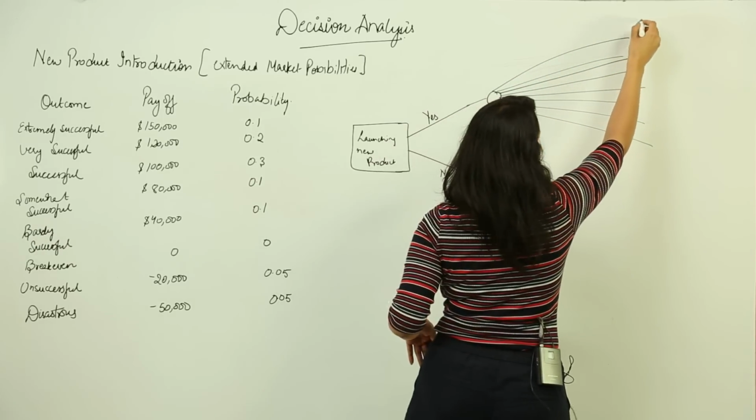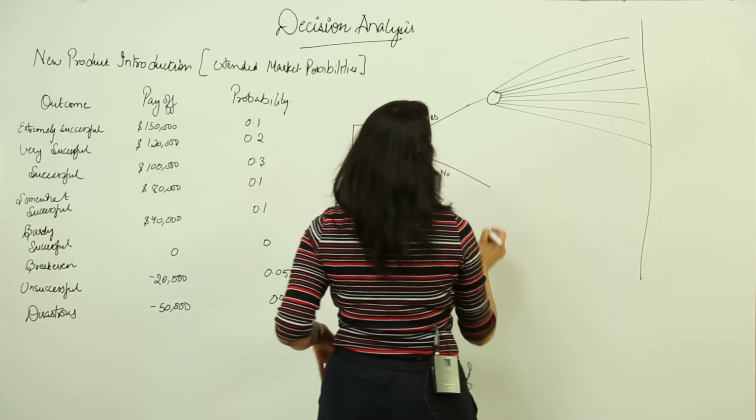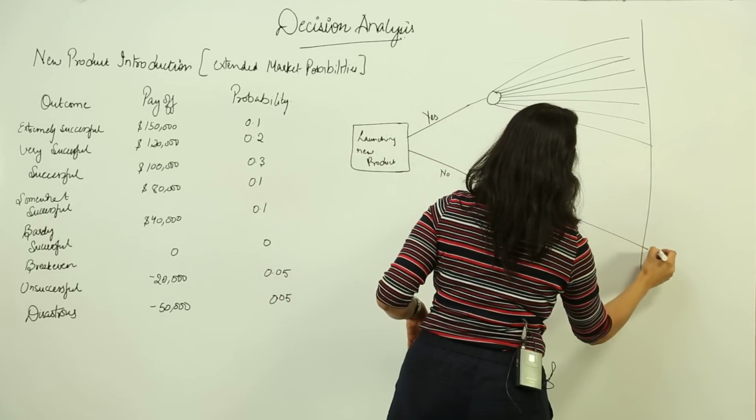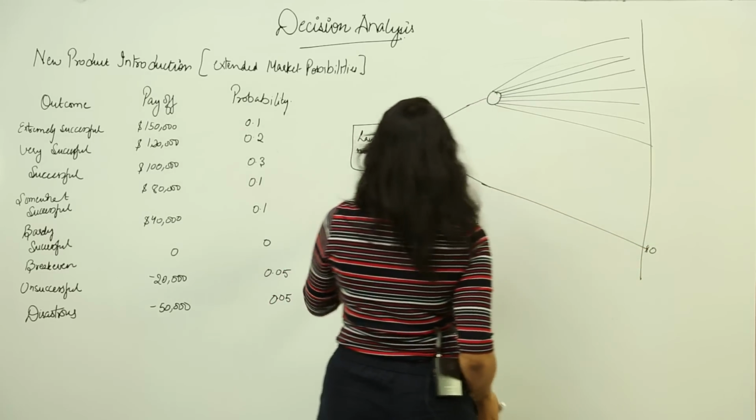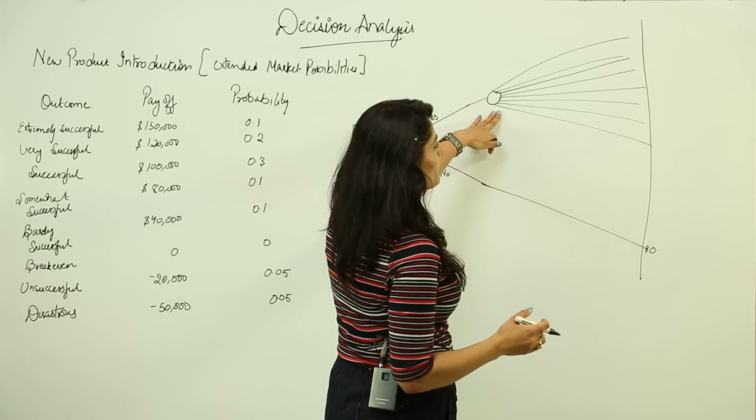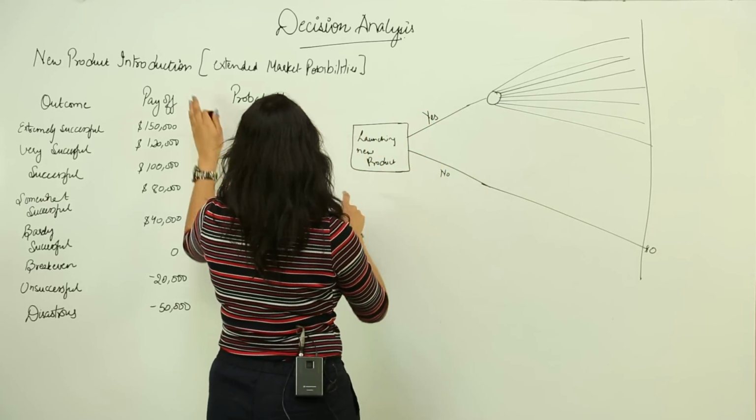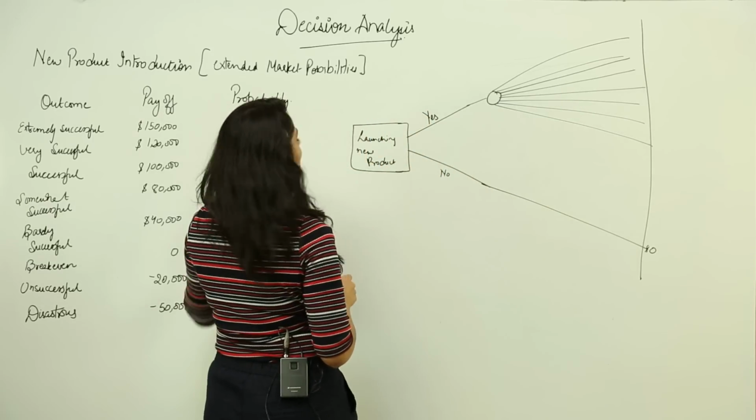Right. So this would be my expected value for them, and here it would be nothing, 0. Right. So now I'm going to write the expected payoff for each of them and their probability.